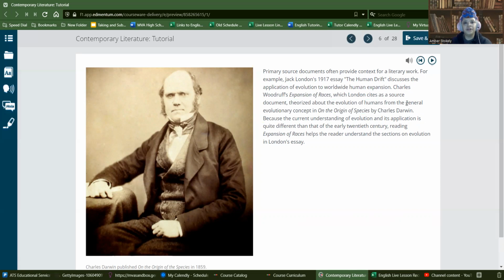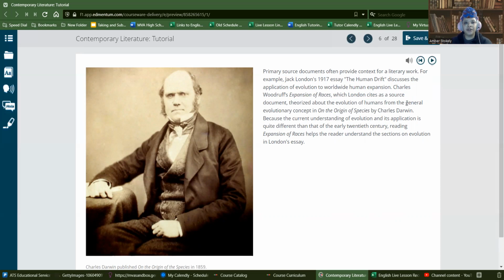Charles Woodruff wrote a document talking about how that evolution would affect humans into the future, and how it may have affected the way that they've spread. So because Charles Woodruff made this document theorizing on stuff and expressing his ideas, Jack London can quote it.